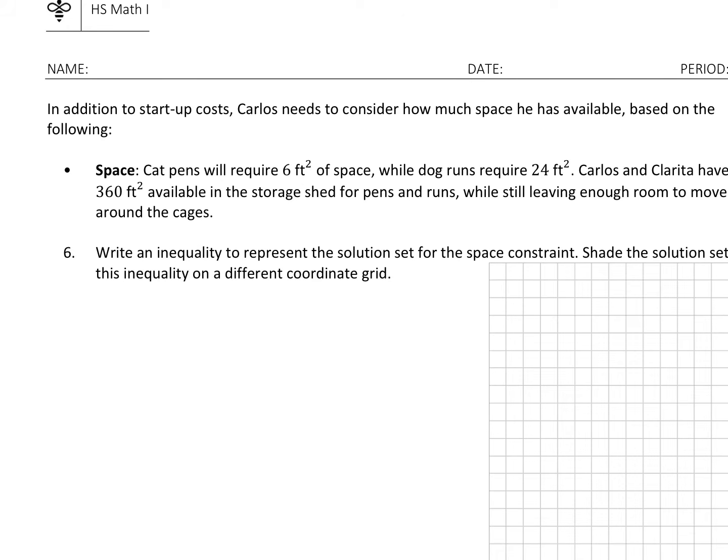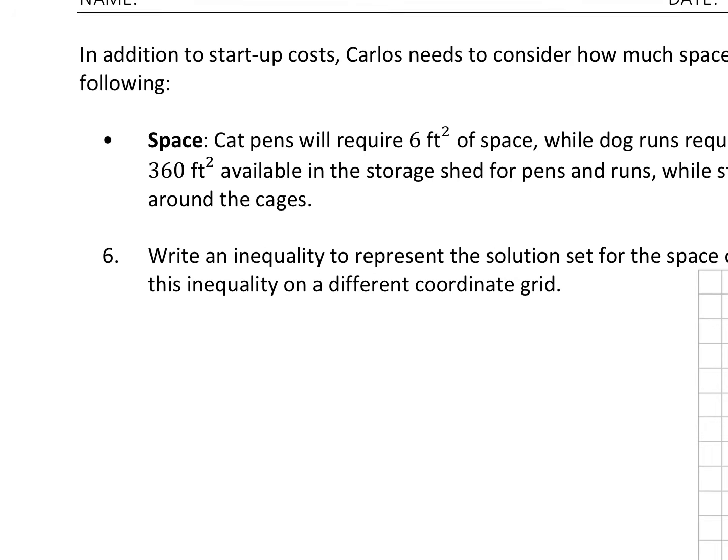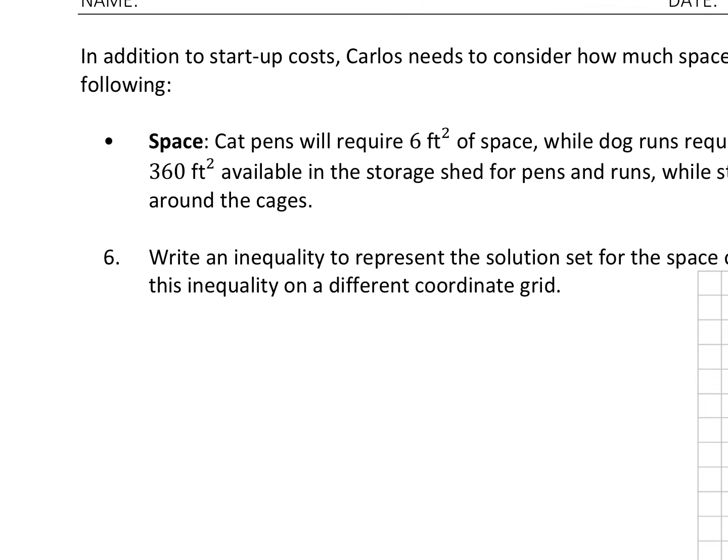So we're modeling the situation using algebra. So what would the inequality be to represent the solution set for space? So it looks like there's 6 feet of space for each cat. So that's just 6x, and 24 feet of space for each dog, so plus 24y. And that has to be less than or equal to 360 feet.